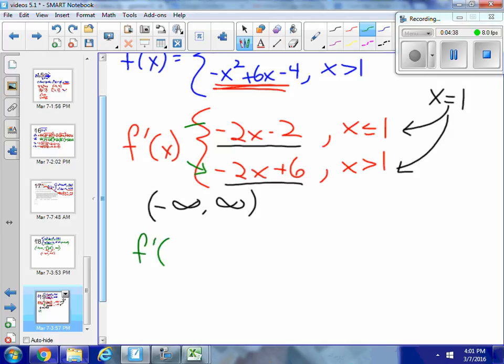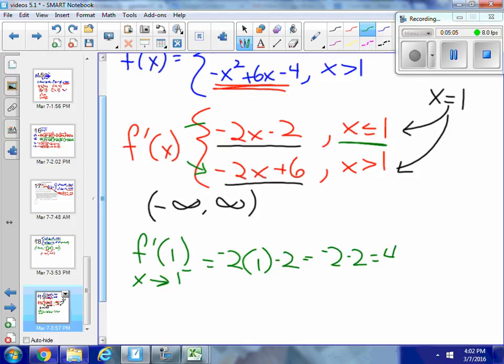So f prime of 1 as x approaches 1 from the negative side, where x is less than 1: I substitute 1 in, so I get negative 2 times 1 minus 2, that's negative 2 minus 2, which is negative 4. That is the slope of my tangent line on this piece of the function.